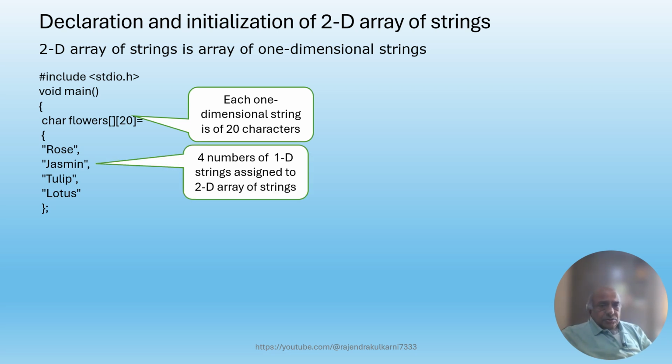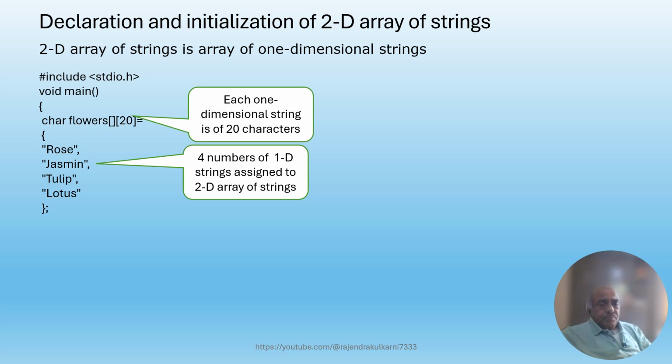We have initialized this char flowers 2D array of strings with 4 one-dimensional strings: rose, jasmine, tulip and lotus.